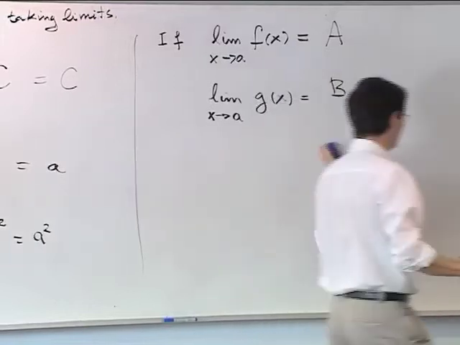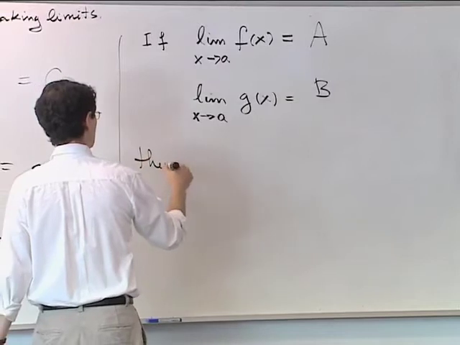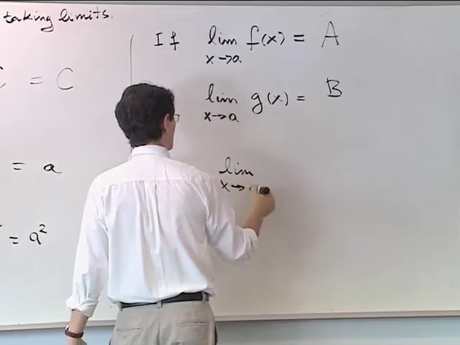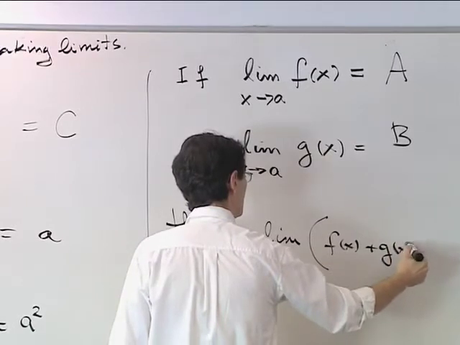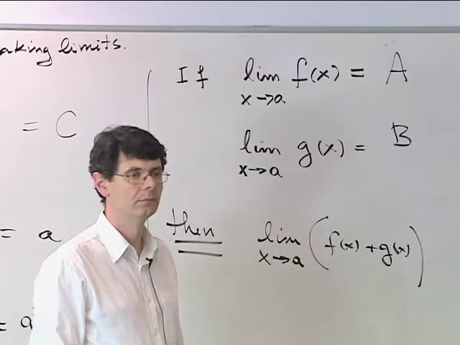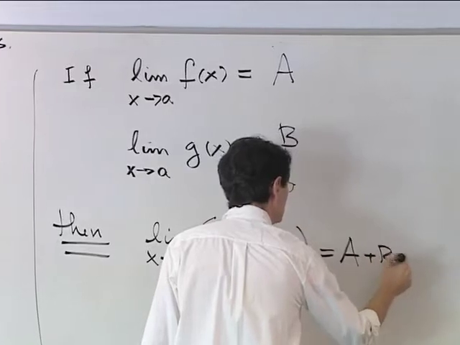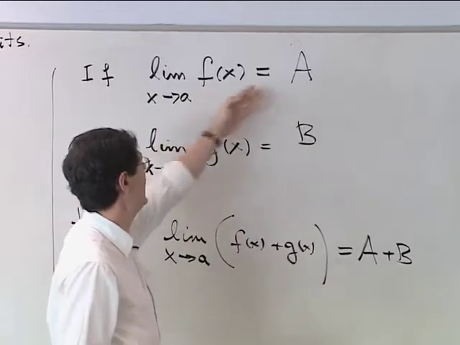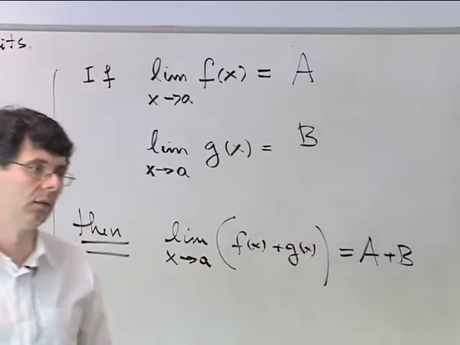I don't know. A and B. Okay? Then, what do you think happens here? Okay? So if you know this guy is A and the other is B, if you add them, you're going to get A plus B.